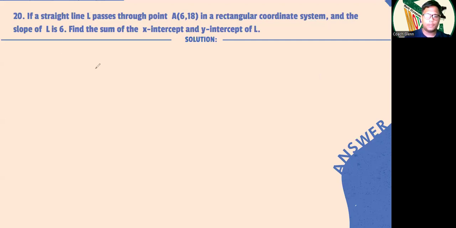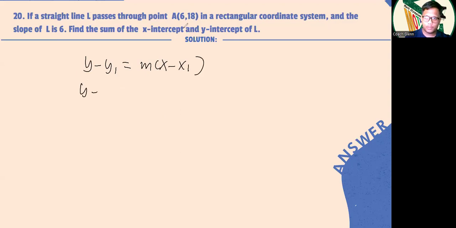Okay. For slope, let's try to write the equation first. The general equation is y minus y sub 1 is equal to the slope m times x minus x sub 1. So just substitute.